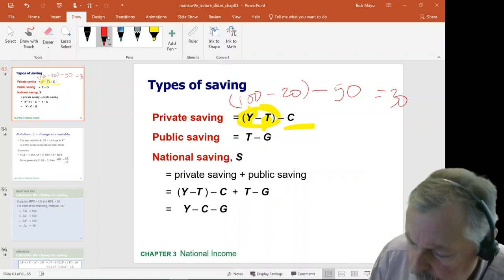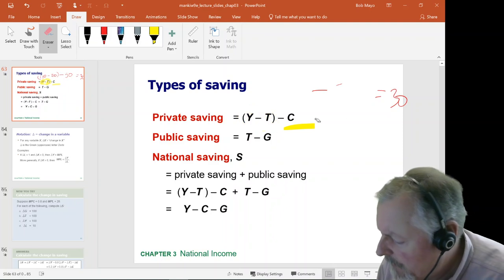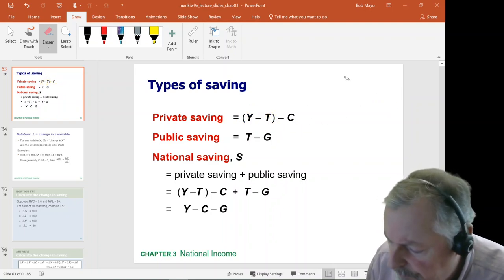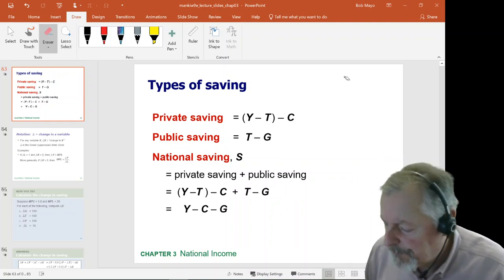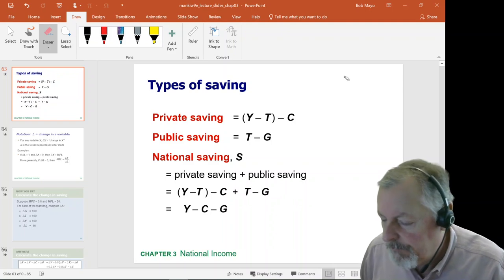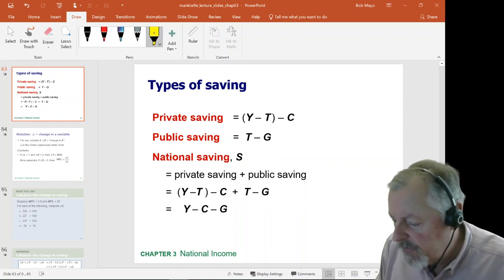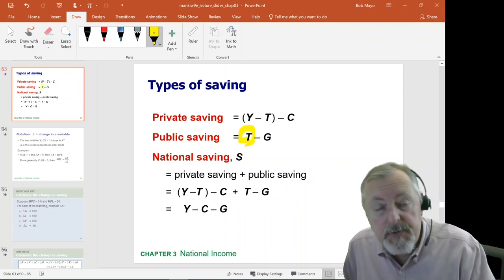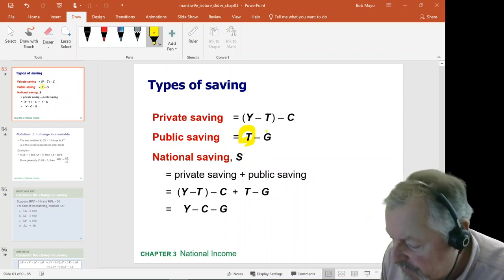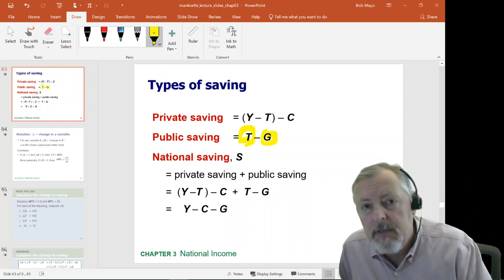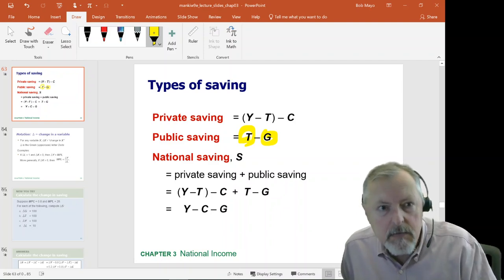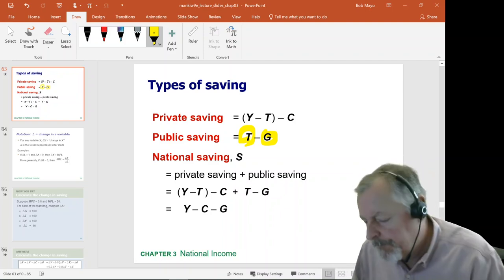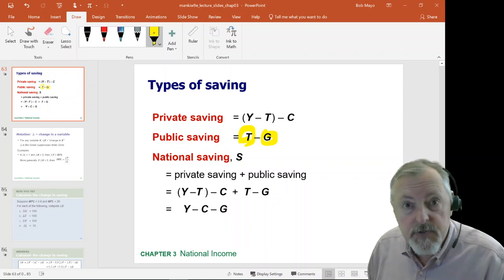Now, public savings. Public savings is a little more difficult to imagine because it kind of never happens. But hypothetically, if the government were to tax away $100 and then spend $90, it would have $10 left over. That would be saving on a national level, money that's not consumed.